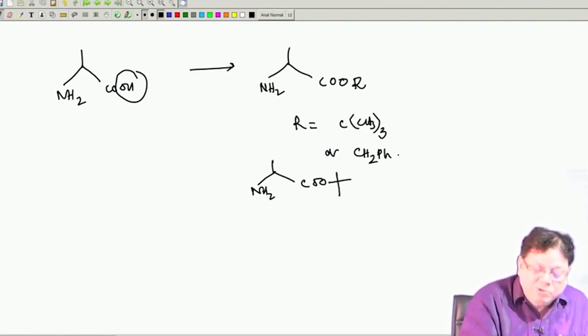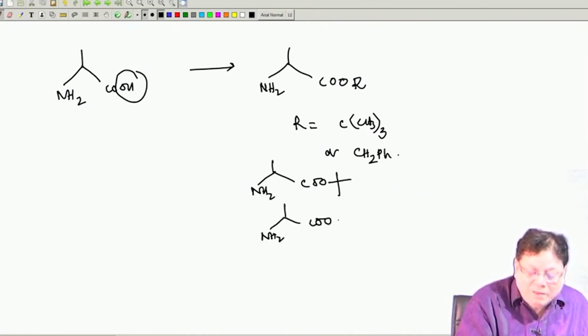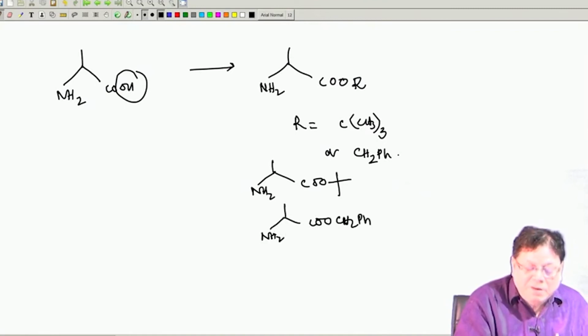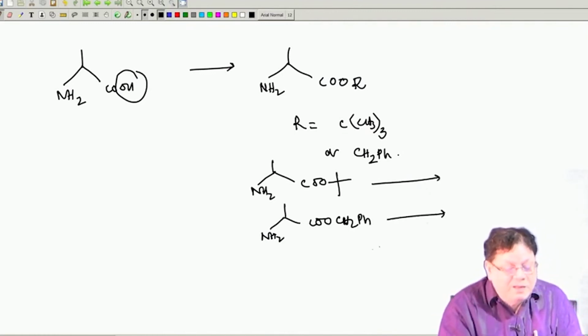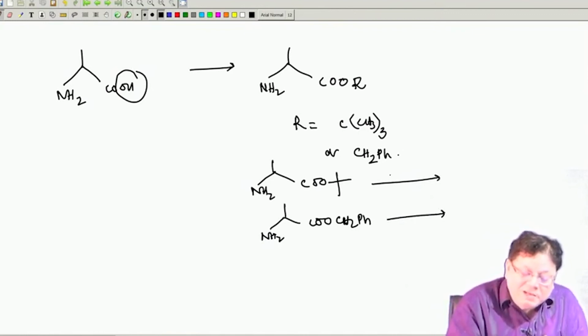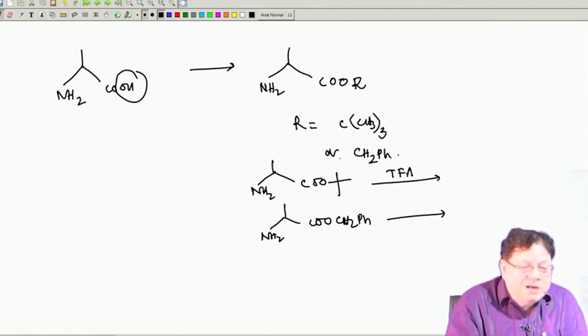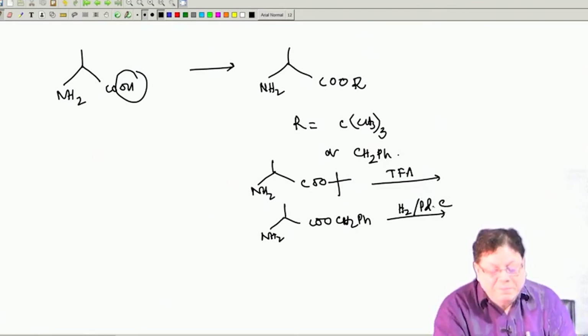So, either T-butyl, that is one, or it could be benzyl, COOCH2Ph. Now, again their deprotection, this is the protected form. If you want to deprotect at the end of the day, the reagents are the same. TFA will take care of the T-butyl ester, and hydrogen will take care of the benzyl ester. Okay.